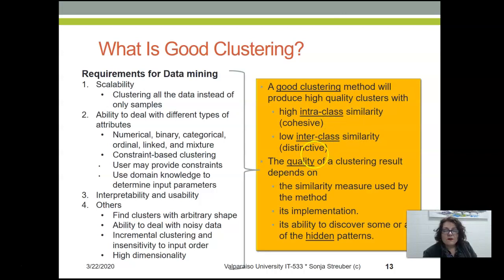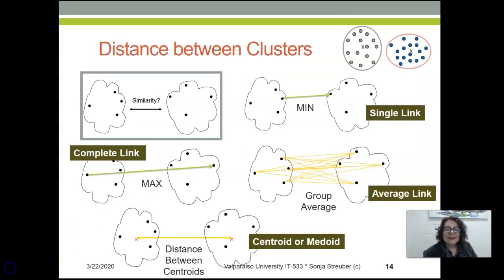And when we talk about similarity, of course, we have to talk about one concept that we already know from the very beginning of our journey into data mining, namely distance. Distance calculations are at the heart of clustering. We have different ways in which we can calculate distance. Let's say we have these two clusters here.